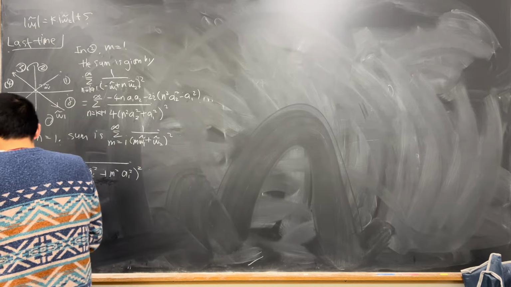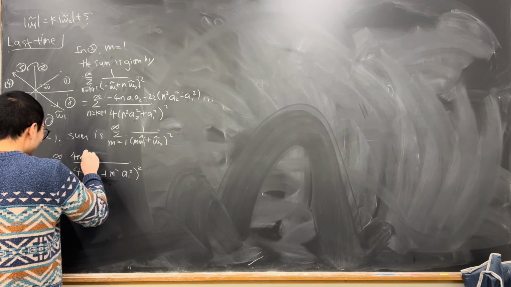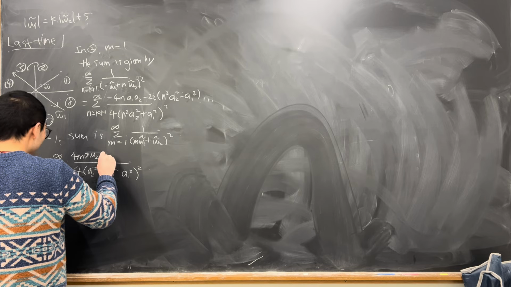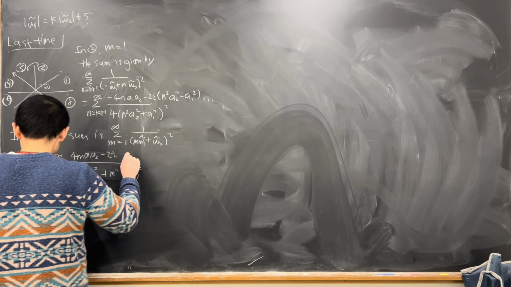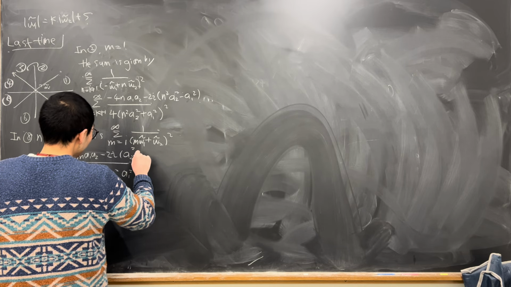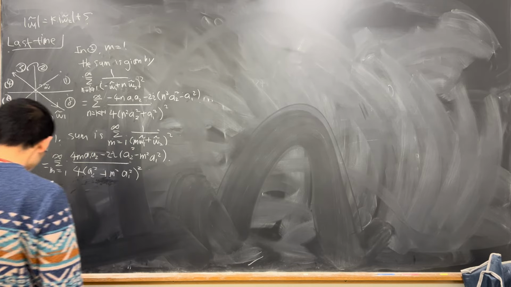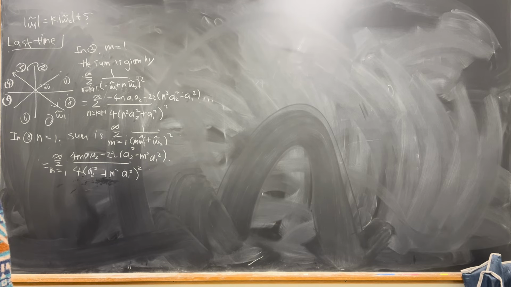Okay. So then we also have a 4m a1 a2 minus 2i, let's say a2 squared minus m squared a1 squared. Okay. So this is a equal to 1.